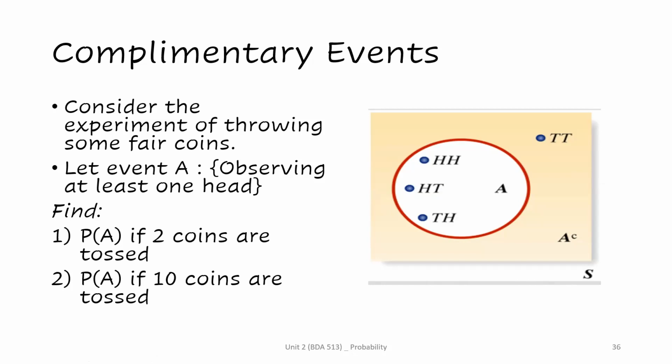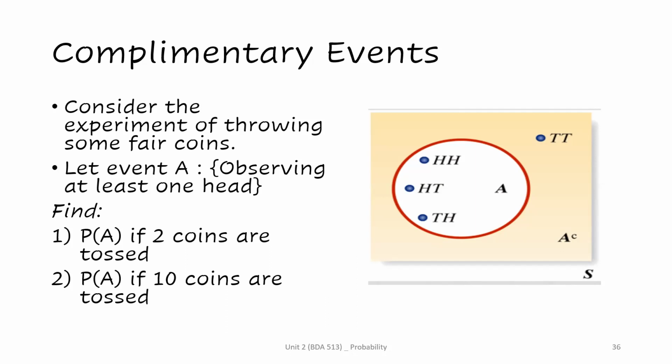The first coin can give us a head, and the second coin can give us a head. In another scenario, the first coin gives us a head while the second coin gives us a tail. And in another scenario, the first coin gives us a tail, whilst the second coin gives us a head. So which means tail, tail will not be part of event A. Do you agree?